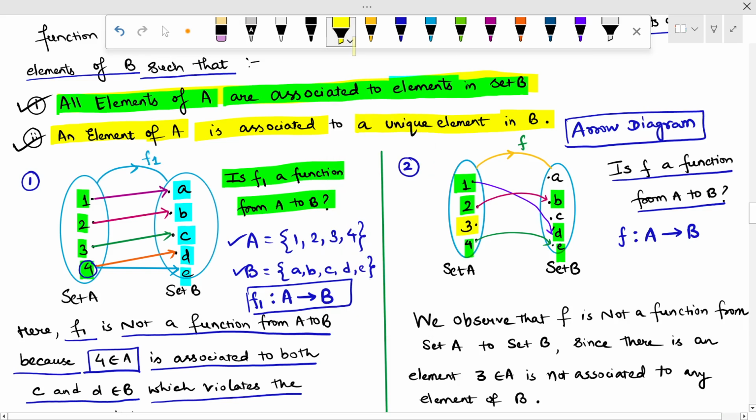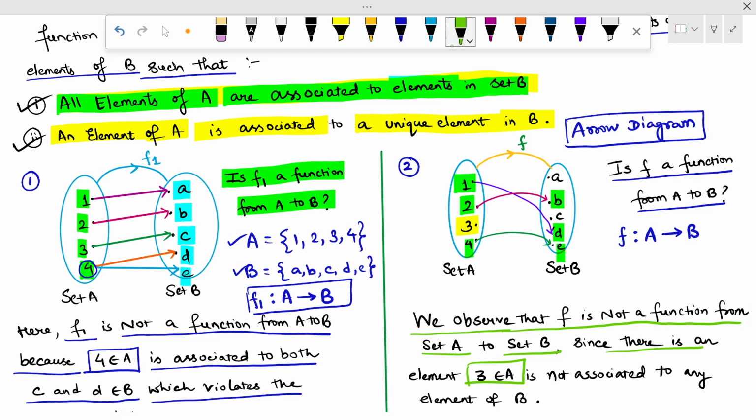This 3 is not associated to any element in set B. That's why we observe that f is not a function from set A to set B, since there is an element 3 which is not associated to any element of B. Hence, this violates the first condition itself. So this is not a function.